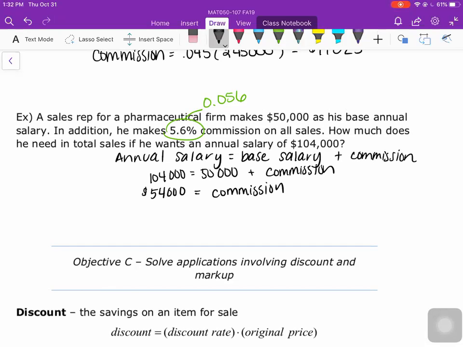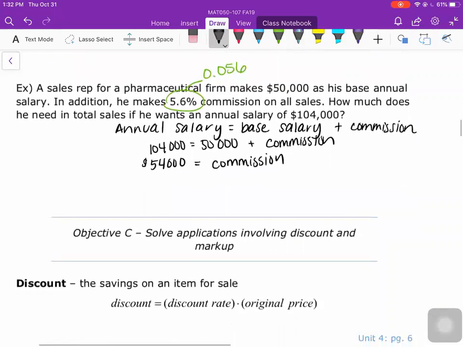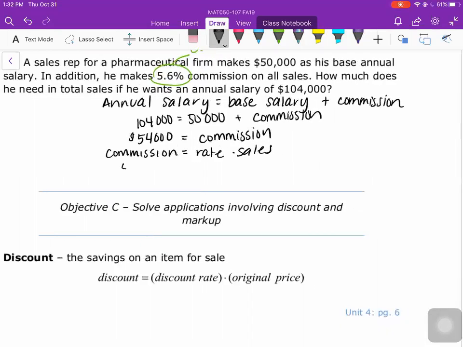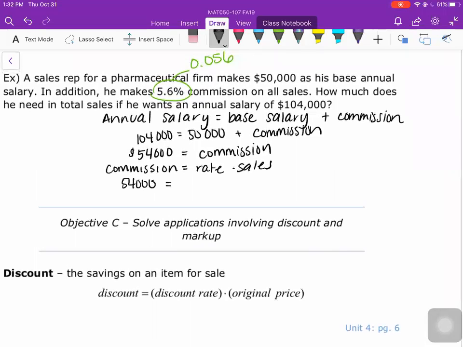We also know that the commission is equal to the commission rate times the total sales. His commission is $54,000. What's his commission rate? 0.056.